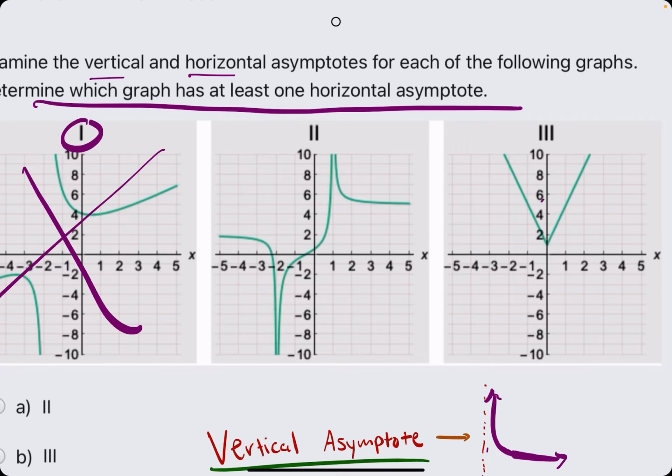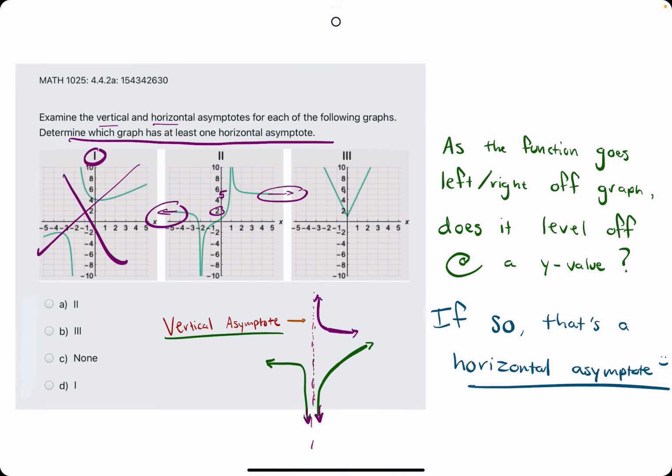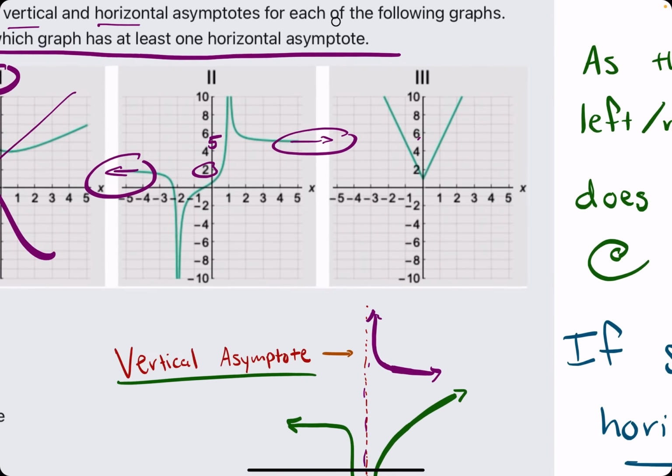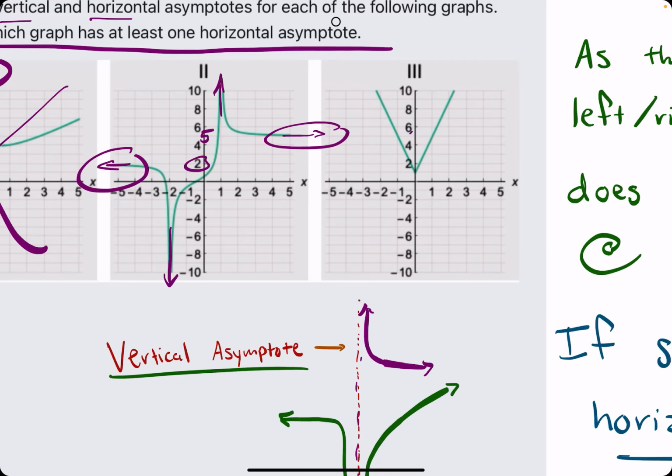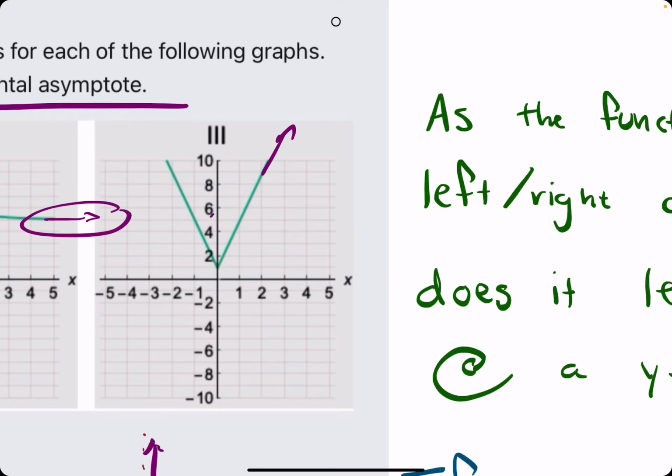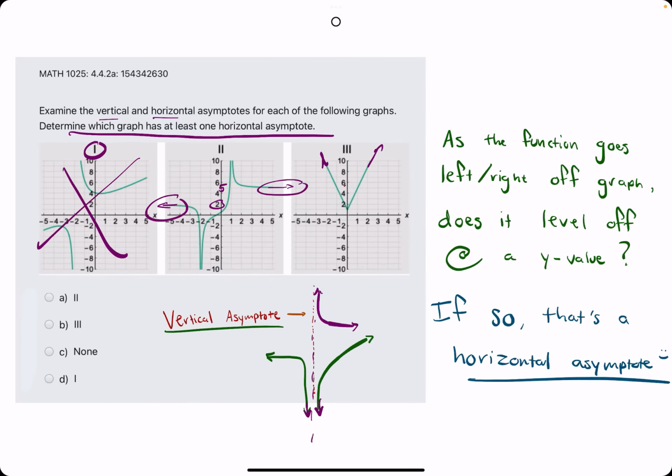For number 2, this goes to the left and is already pretty flat, so it's leveling off here at y equals 2. And the second one over here is leveling off at y equals 5. So it has 2 horizontal asymptotes and also 2 vertical asymptotes, 2 splits in the graph. And number 3, these are just going off to infinity, so they're definitely not leveling off at some value. So in this case, 2 is our answer.